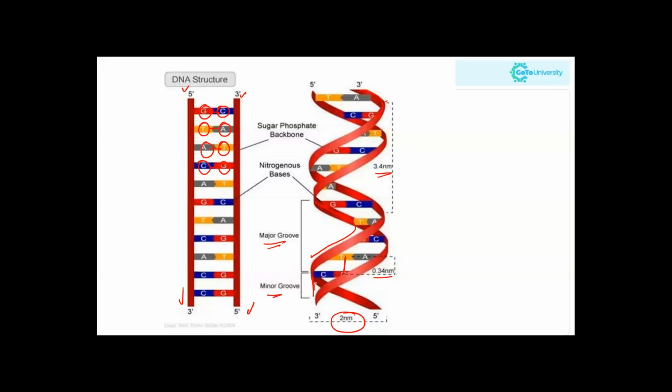The curve forms when they have a helical form of structure. So they have the sugar phosphate backbone, and they have the nitrogenous bases also.